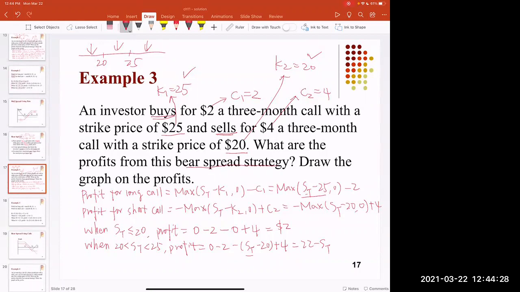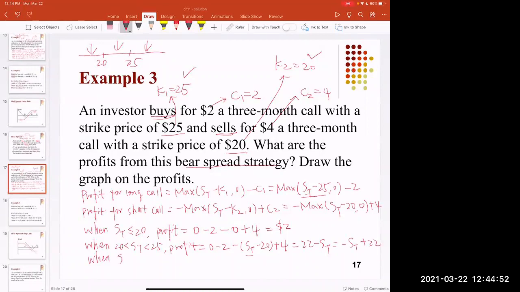Okay, so that's case 2. Professor, would negative ST plus 22 work as well? Yeah, that's correct. That's the same thing. You can write it as negative ST plus 22.